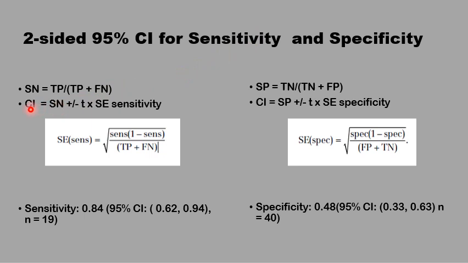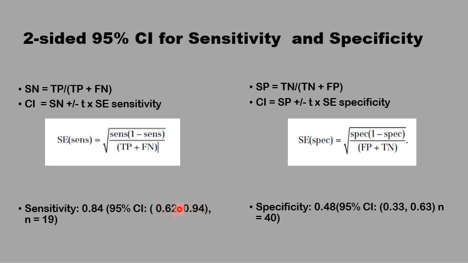So there are formulas to obtain the confidence intervals around the sensitivity and around the specificity, and these formulas would provide the confidence intervals for 95% or 90% at any chosen level. But it's more meaningful to say that the sensitivity is 84% with confidence intervals between 62% and 94%. So the actual sensitivity in 95% of the cases would fall in between these two limits.